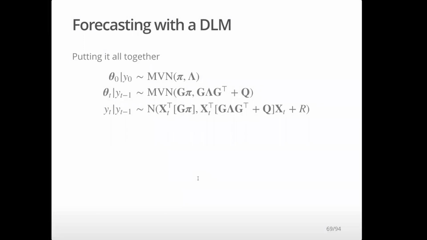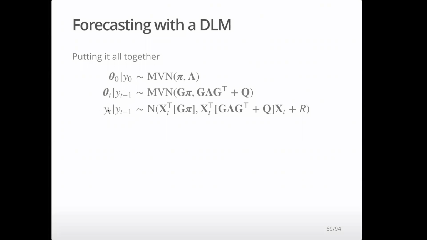Okay, so if you want to put all of that together, it looks like this. You have a distributional statement for the initial states, where the states are the parameters. Then, moving forward at any given time, the parameters at that time step, given the data through yesterday, are multivariate normal. And you have to deal with this evolution matrix, so that inflates the variance as well as the mean.